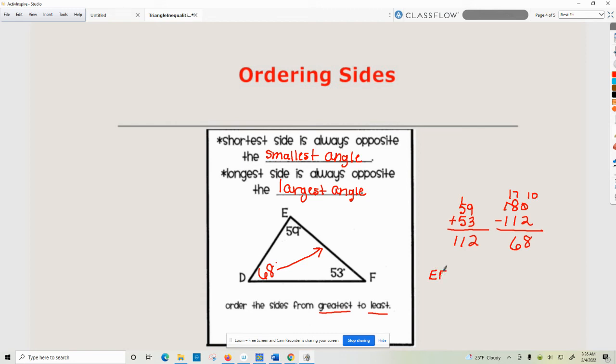So that would be my longest side. Now, I don't know how long it is right now, but I know it will be the longest side. Then for the next one, I go to the middle angle, which would be my 59. 59 is the middle angle, so the middle side is across from it, which would be the side DF.